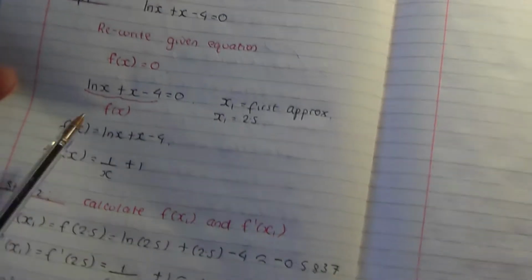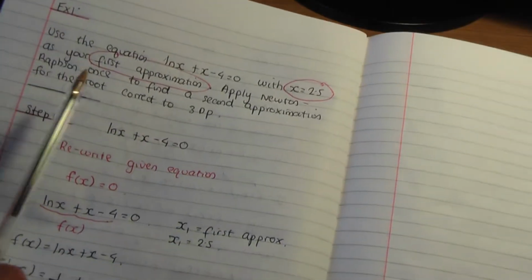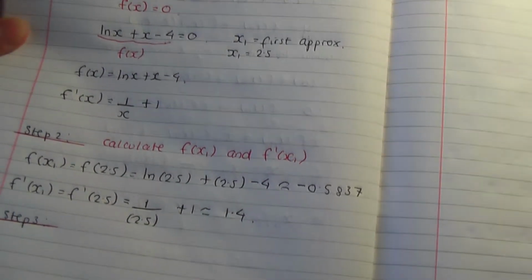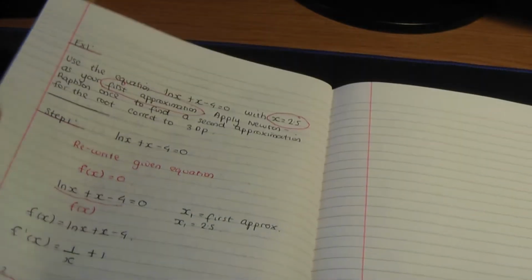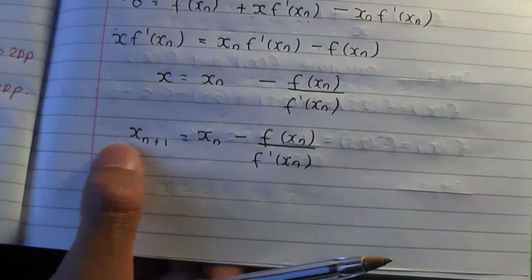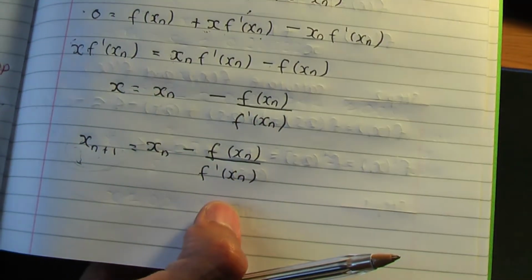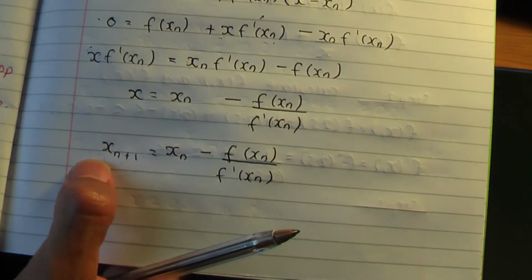The formula is x n plus 1 equals x n minus f of x n over f prime of x n.